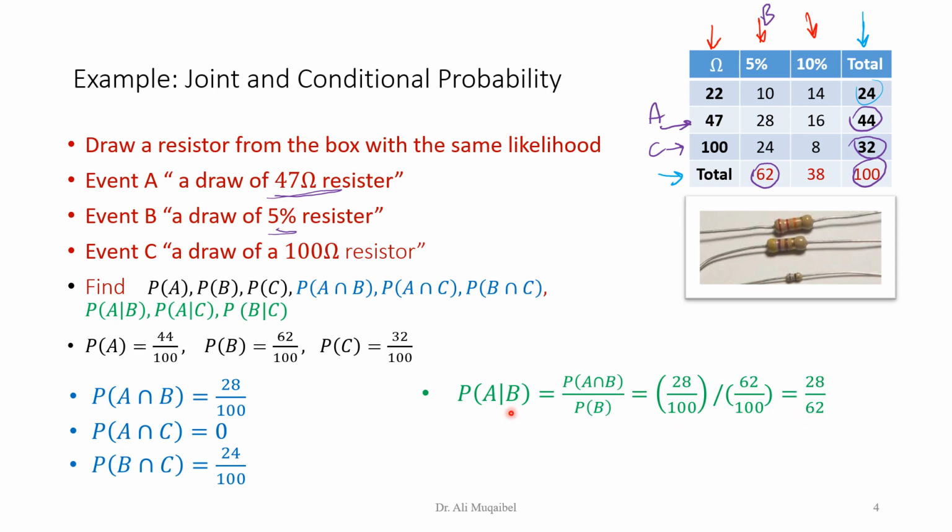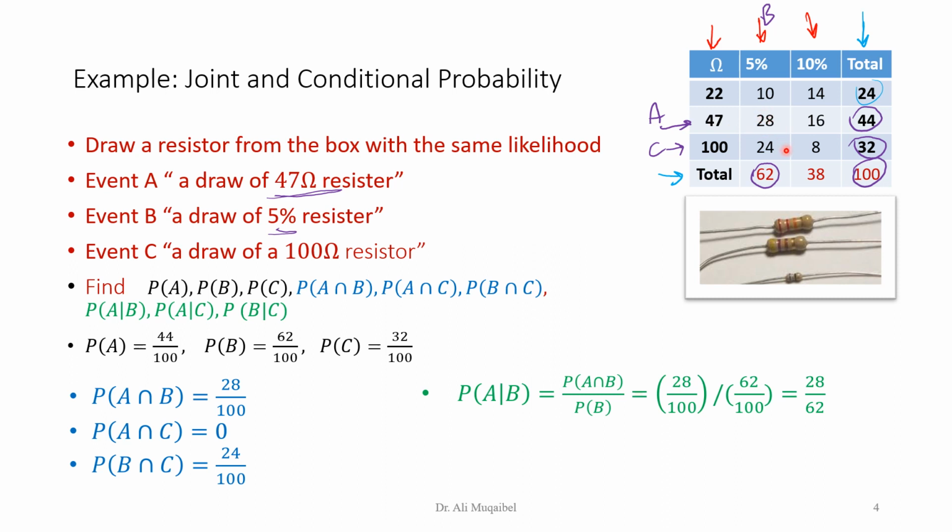We can even do it straightforwardly without going through the formula. Given that it's already B, we know it's a 5% resistor, so our sample space is going to be 62. Our total is 62. So what's the probability of it being A?